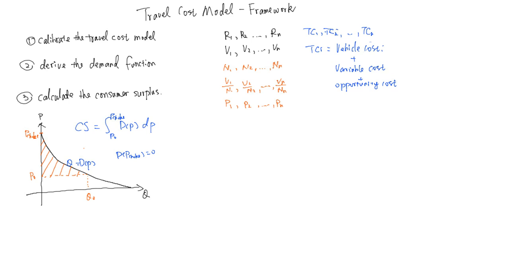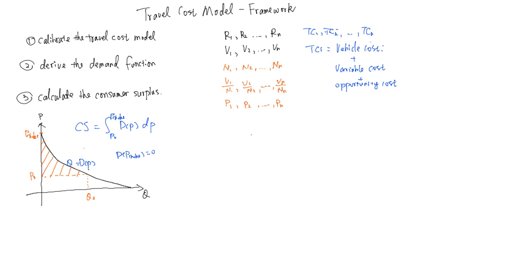Variable costs: if you travel by car, you have to pay for gasoline; if you travel by air, you have to pay the air fare. Opportunity costs, right? The time you spend on the road. If you fly 3 hours to the destination, that's 3 hours you could otherwise spend on valuable activities. So you can get an idea about the typical travel cost from a typical region.